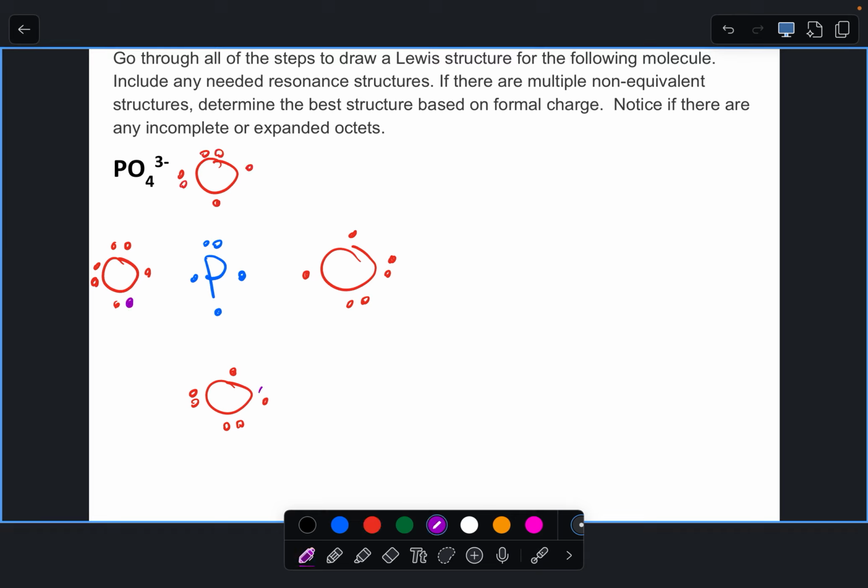So 1, 2, 3 of the oxygens are getting an extra electron. So those 3 will form single bonds with the phosphorus. And then the other oxygen that's going to need the double bonds gets to form double bonds with phosphorus. So again, an overfilling. It's now got 10 electrons surrounding the phosphorus, but that's fine because of where it's at on the periodic table.